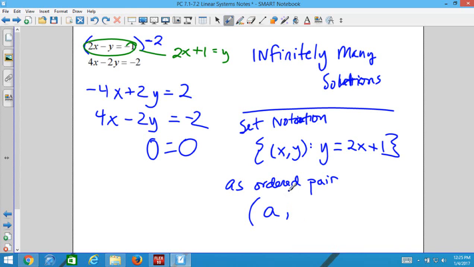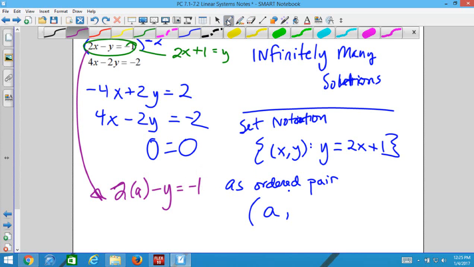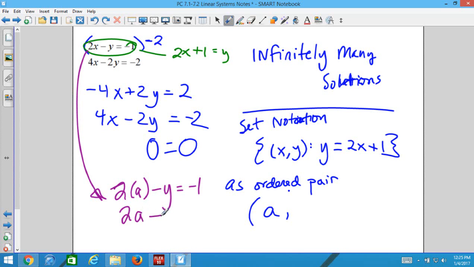If I plug in a for x in either of these equations, what does y equal? Two times a minus y equals -1. What does y equal?